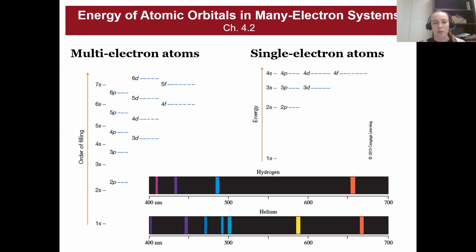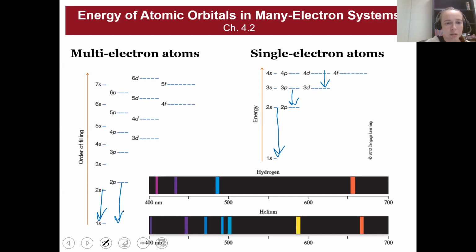If we look back at our atomic line spectra, which we had a lot of fun learning about for hydrogen, we can compare hydrogen and helium. Hydrogen only had these 4 lines in the visible range, and that's because hydrogen doesn't have as many transitions allowed because its energy levels are the same for 2s and 2p, and 3s and 3p, and 3d. But for helium, those energy levels start to split. So we've got this, or this, or this.